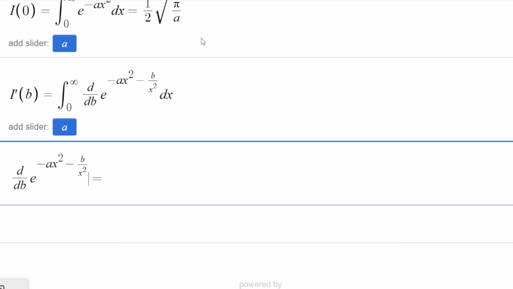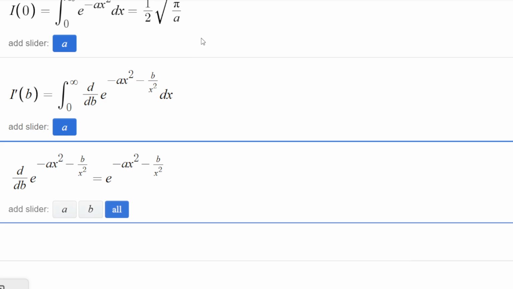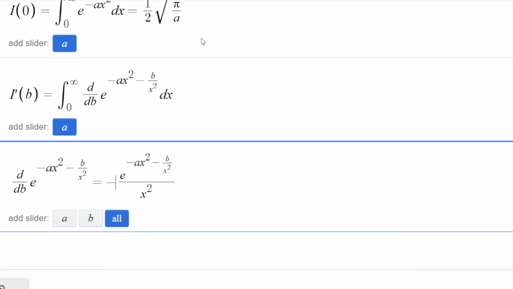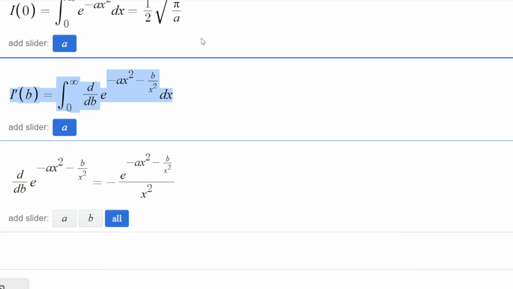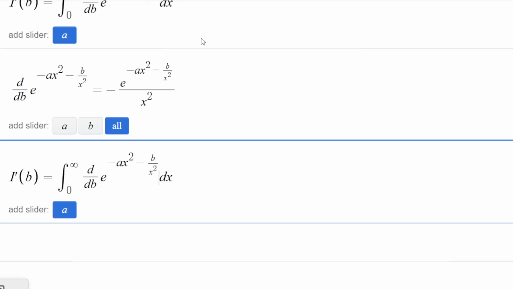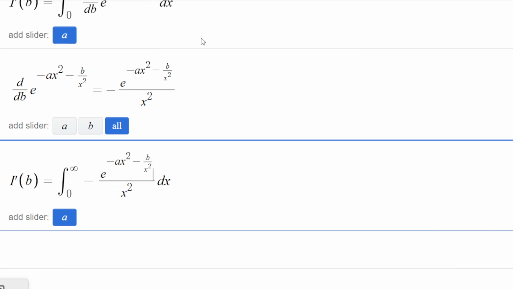Well, this is going to be equal to, we're going to get this part back, and then times the derivative with respect to b of this, which is just going to give us 1 over x squared, and it's going to be a negative. So now I prime of b is equal to this. And it looks like we made things worse.